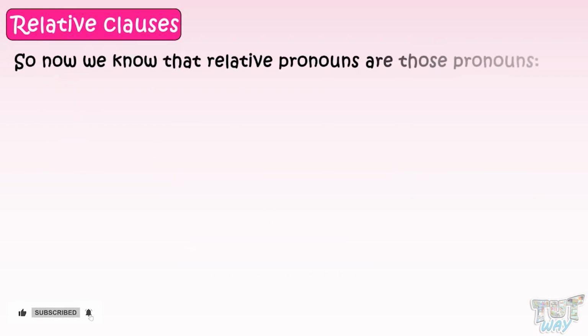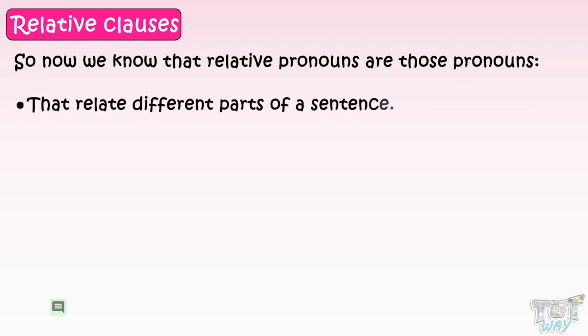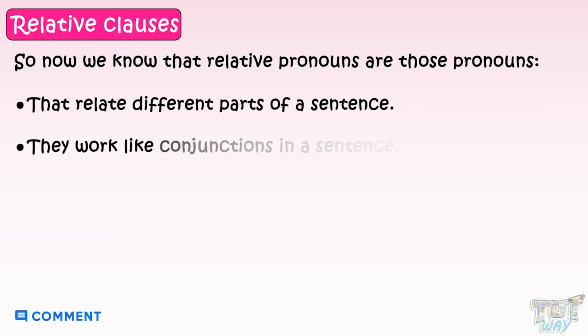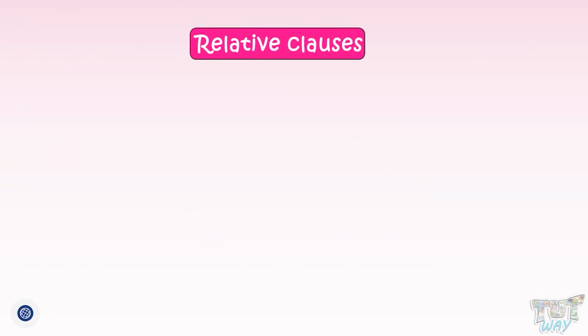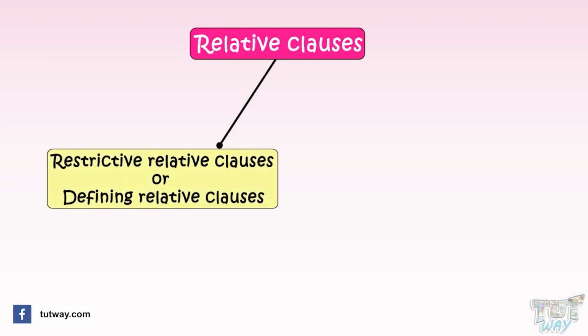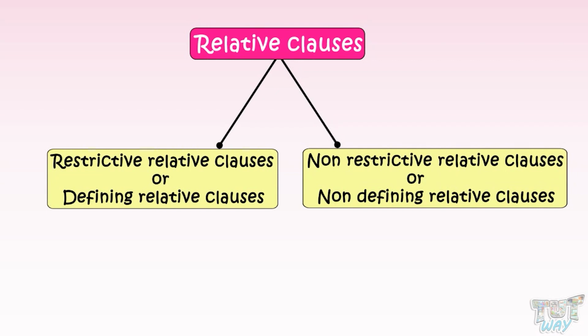So, now we know that relative pronouns are those pronouns that relate different parts of a sentence, they work like conjunctions in a sentence, and relative clauses begin with a relative pronoun. We also learned that relative clauses can be of two types: restrictive relative clauses and non-restrictive relative clauses.